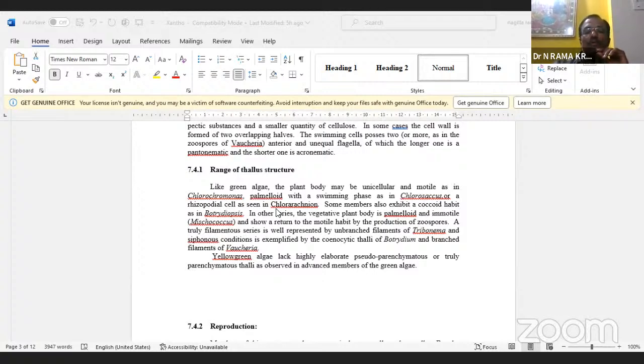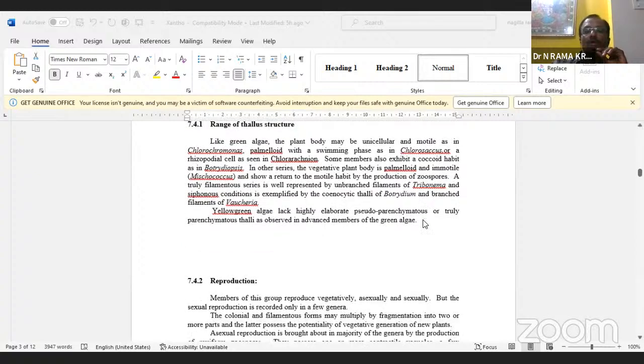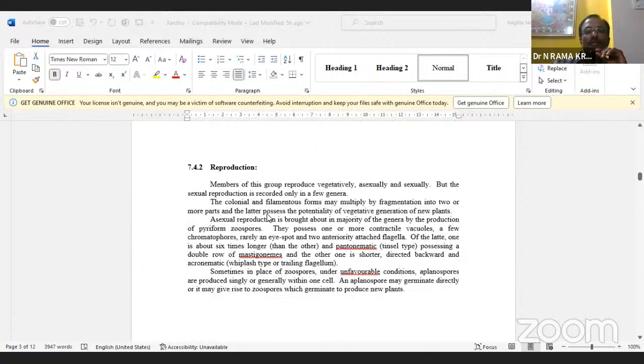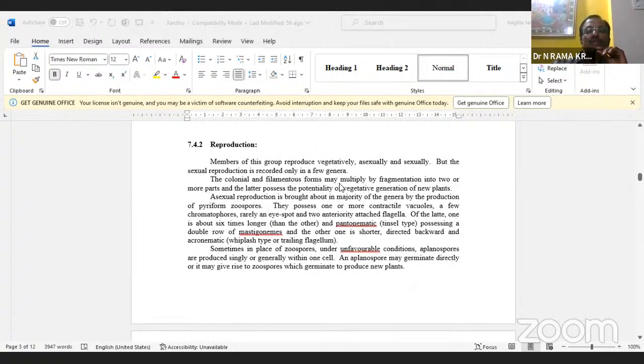I already told you what is palmelloid and what is rhizopodial. And here the cenobium. Now you see here the reproduction systems.